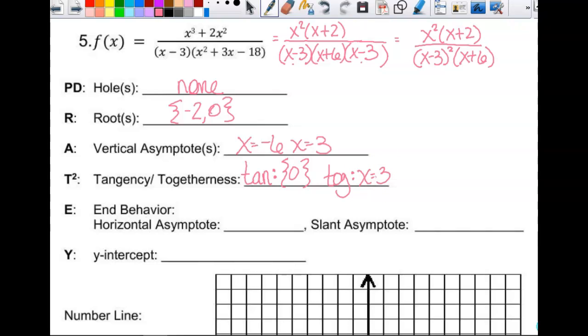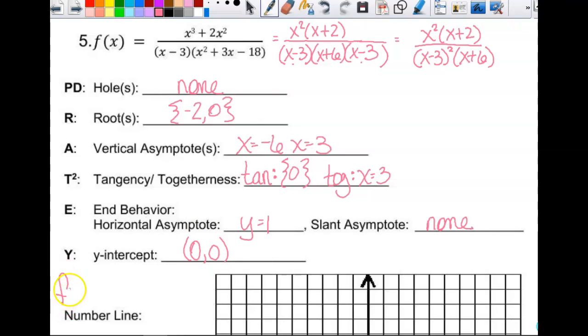Do I have a horizontal asymptote? Yes, y equals 1, good. Which means no slant asymptotes. And my y-intercept, since one of my roots is 0, my y-intercept is 0, 0.